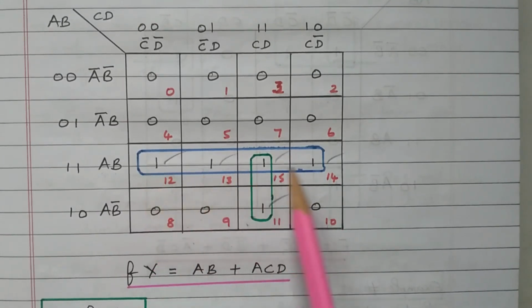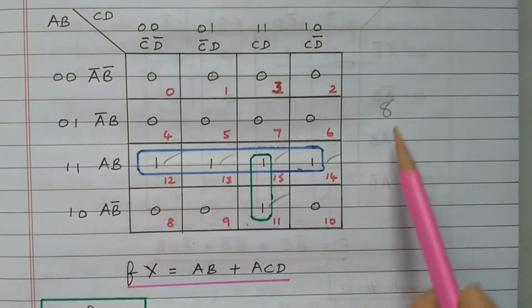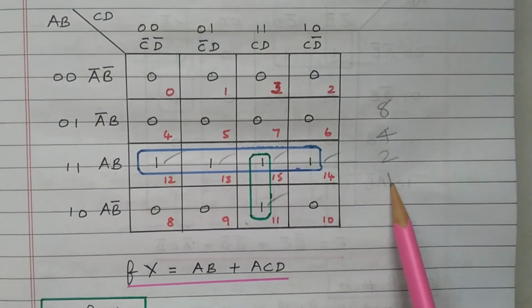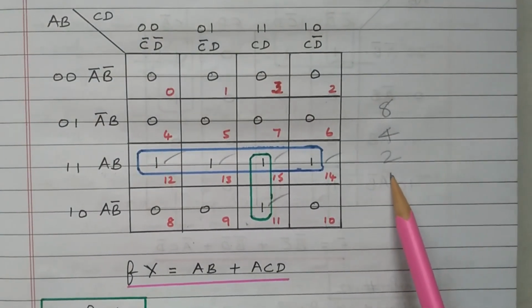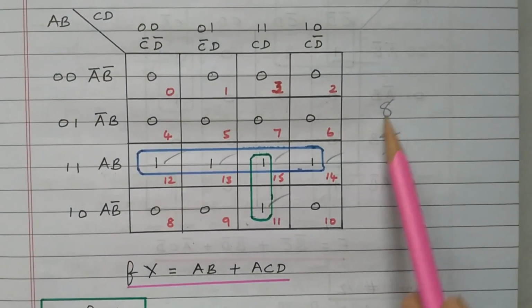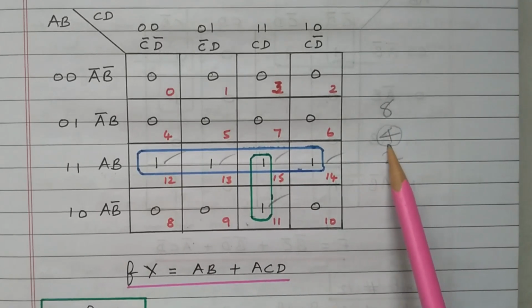Is any 4 cell grouping available? We can group these 4 ones, right? So first we need to identify whether any 8 groups, or 4 groups, or 2, or finally only 1 are there. 8 group is not available because only 5 ones are available. So it is possible to go for 4 groups.